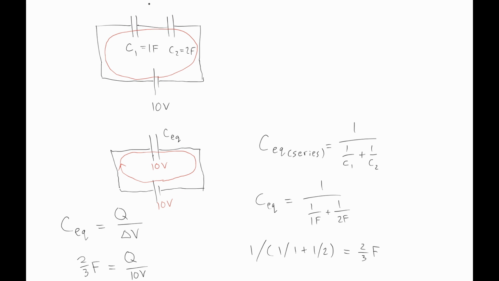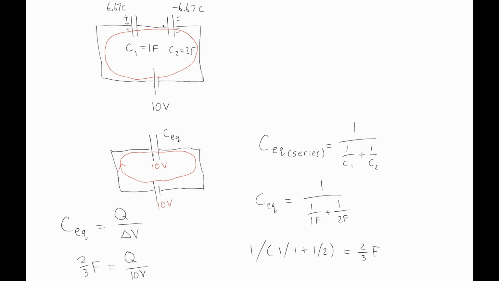When we're in series, though, what should happen is we should push 6.67 coulombs of positive charge onto this plate, and we'll push negative 6.67 coulombs onto that plate.